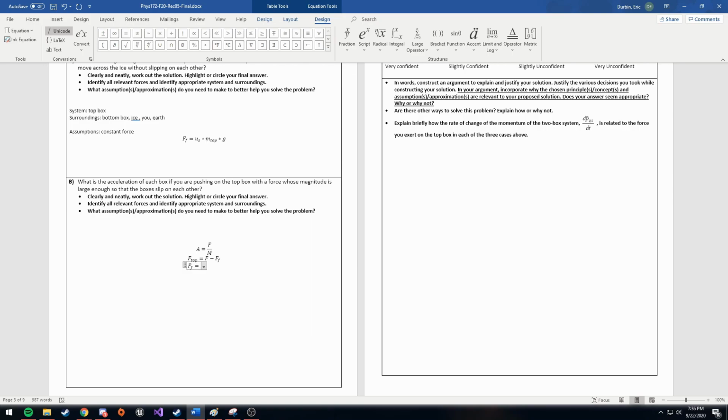So the force of friction is the coefficient of kinetic friction times mass of the top times gravity, which would imply that the force of the top box equals force minus the coefficient of kinetic friction times the mass of the top times gravity.